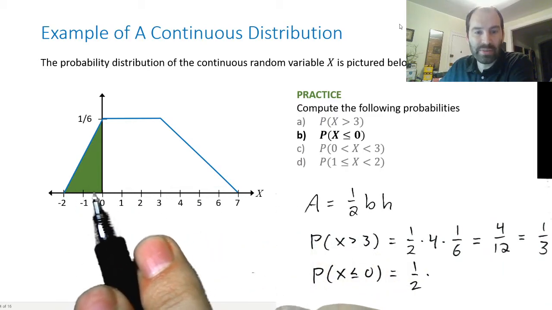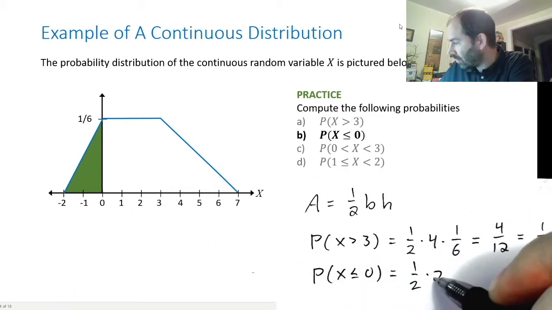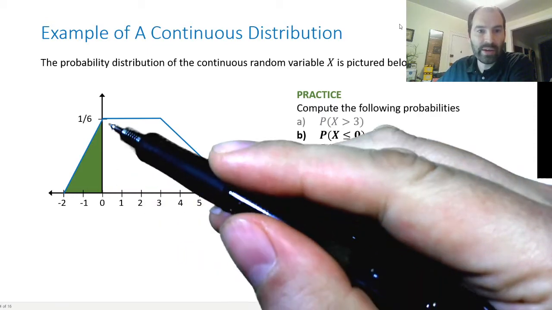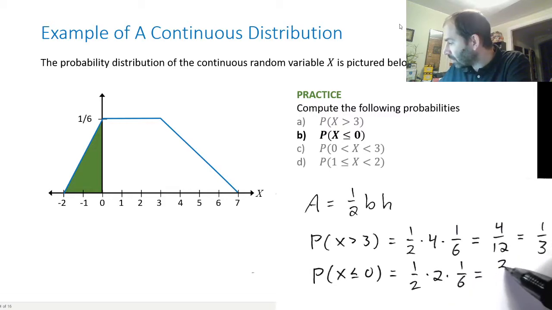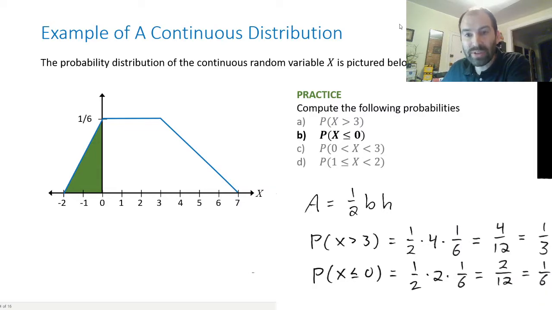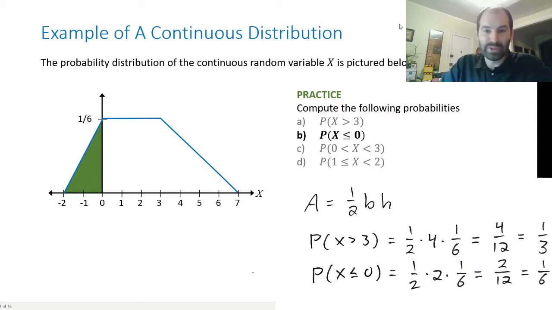How wide is this base? It's 2. And what's the height? Again, it's 1/6. So what am I getting here? I'm getting 2 over 12, or if I reduce that to lowest terms, 1/6. So the probability is 1/6.